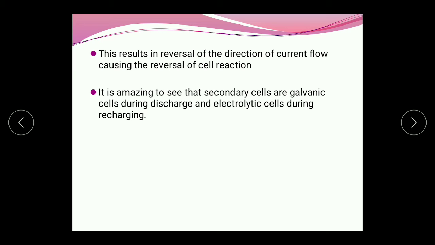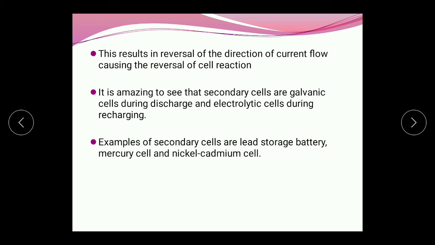taking an example. Now, what are the examples of secondary cells? Those are the lead storage battery, mercury cell, and nickel cadmium cell. Do you know the lead storage battery? The battery we use in our vehicles.